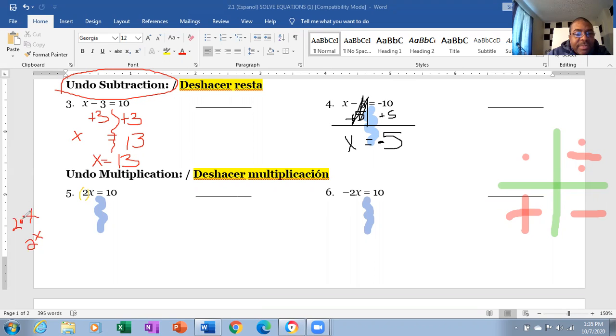It's the 2 times x. So the opposite of multiplication is division. So what we're going to do here is divide 2x by 2, and we're going to divide 10 by 2. Now, 2 divided by 2 is 1x.